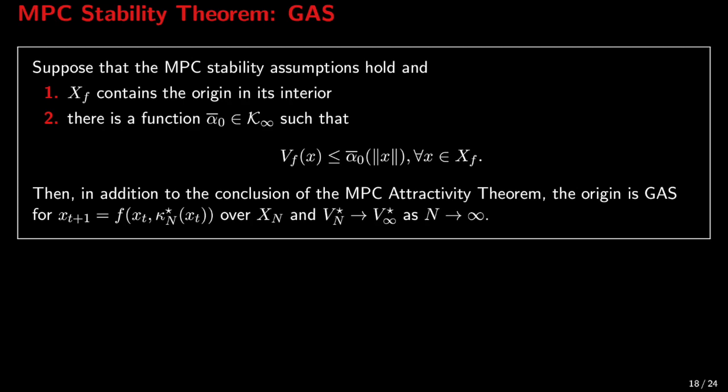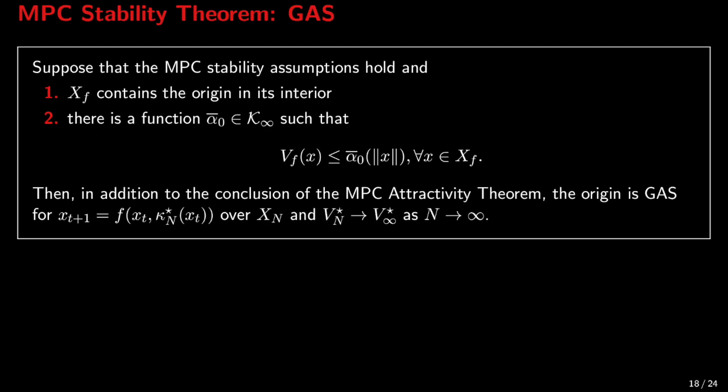So if these additional assumptions hold, in addition to the conclusion of the MPC attractivity theorem, the four things we presented previously, the origin is also globally asymptotically stable for the MPC control system over Xn. And, in addition, Vn star, as we take n to infinity, converges to V infinity star.